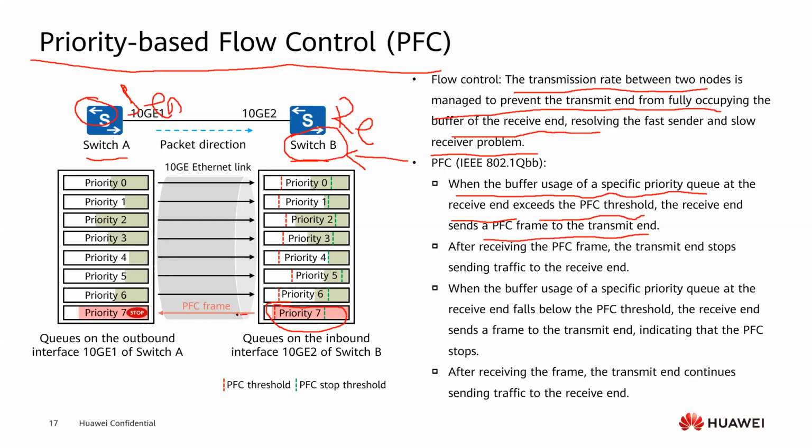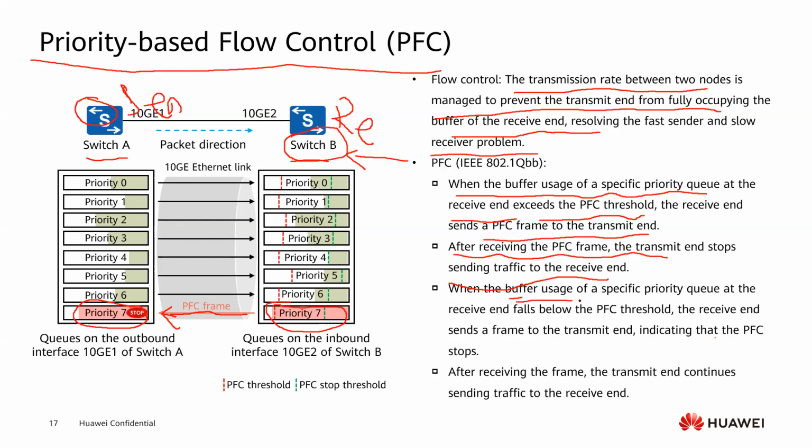It means it will send a PFC frame to tell switch A to stop the traffic in the corresponding priority. Okay, let's see here. After receiving the PFC frame, the transmitter end stops sending traffic to the receiver end. The priority 7 is stopped.